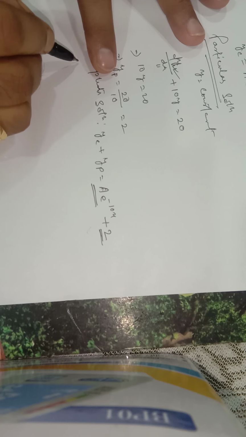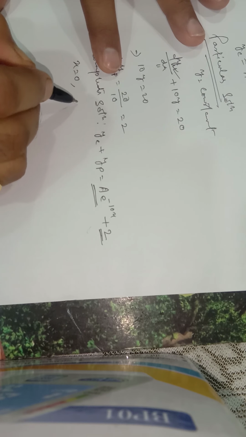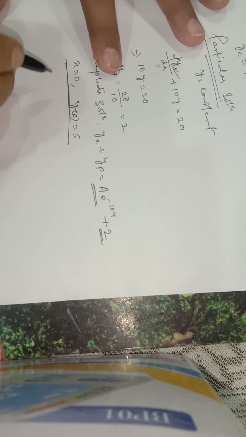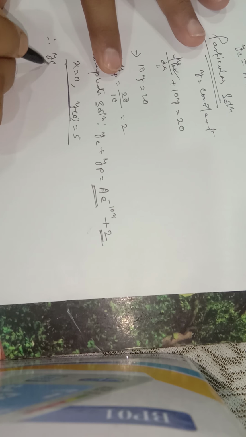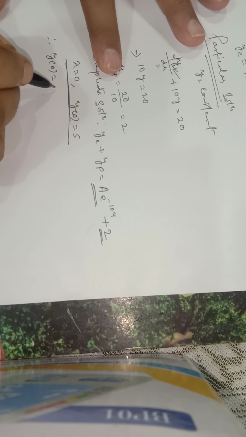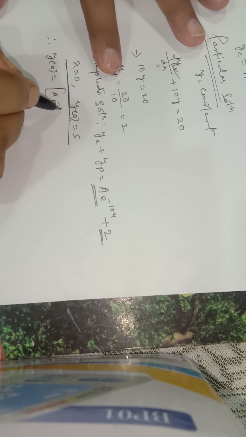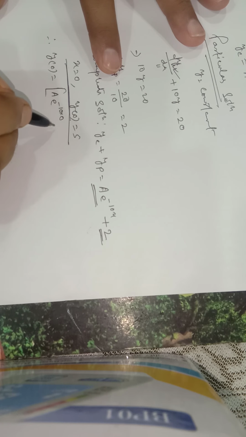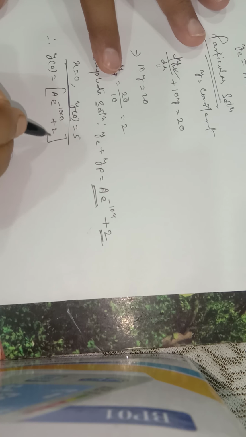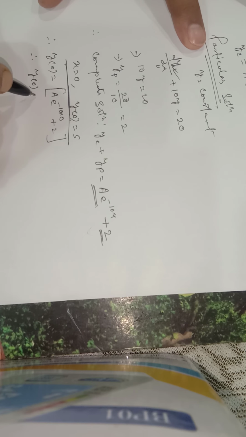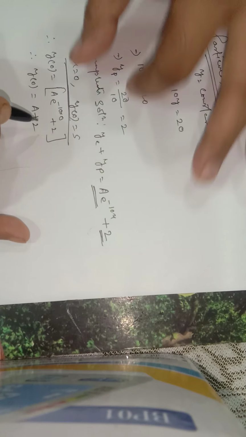Now putting in the initial value, x is equal to 0, then y of 0 is equal to 5. That initial condition is already given. Therefore y of 0 is equal to a into e to the power minus 10 into 0 plus 2, so y of 0 is equal to a plus 2.